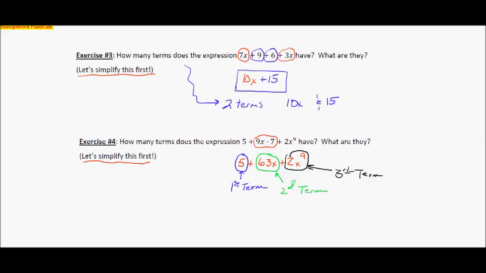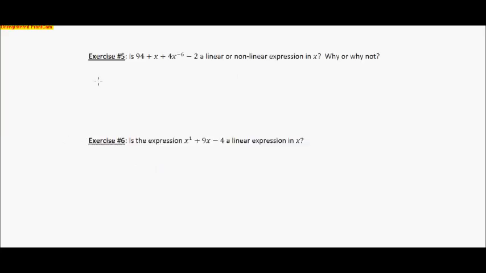Alright, so let me turn those off, and let me turn on this last set of exercises here. And it says, is 94 plus x plus 4x to the negative 6 minus 2 a linear or nonlinear expression in x?